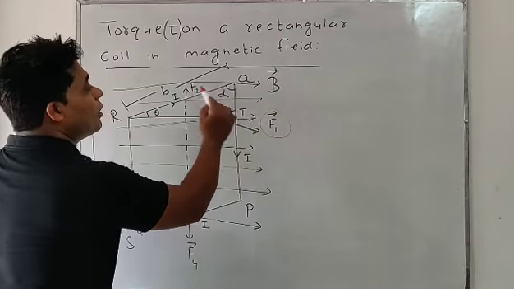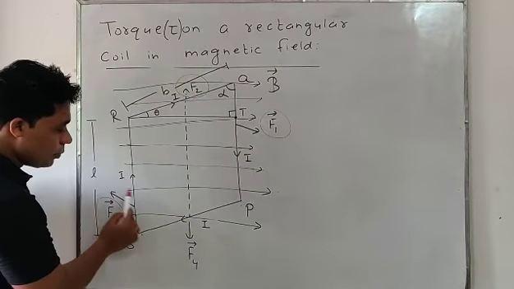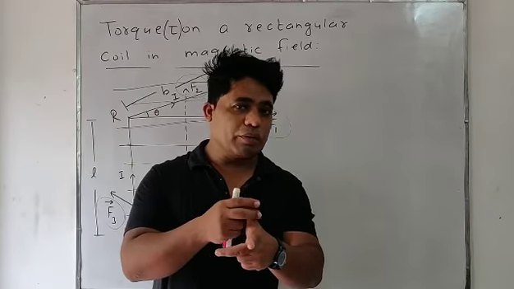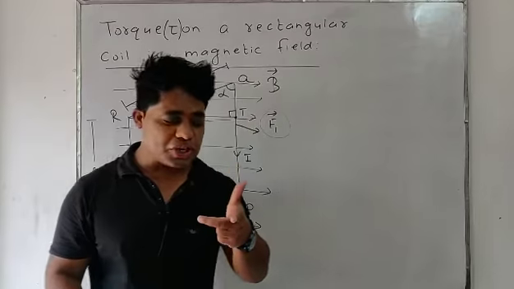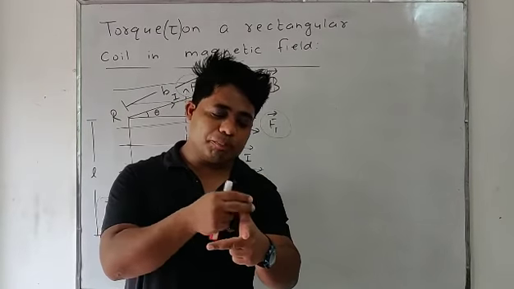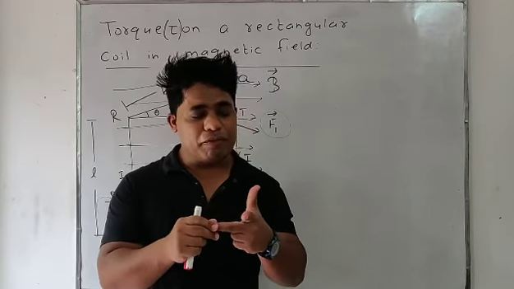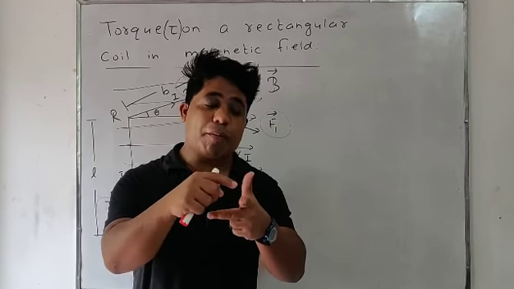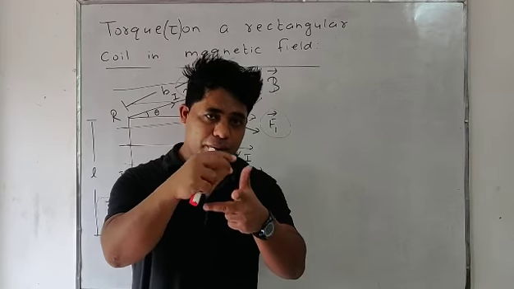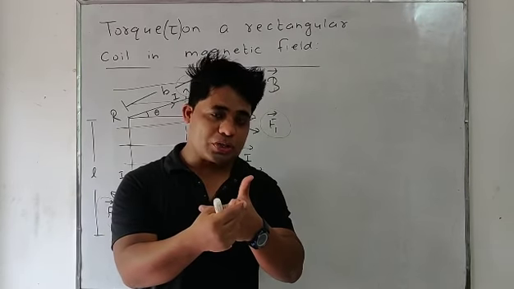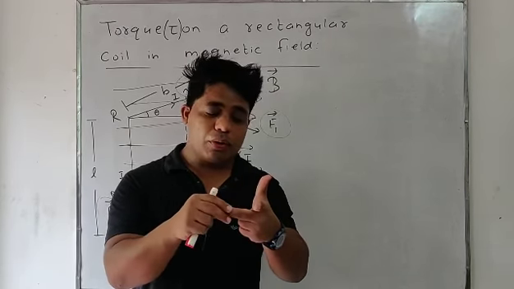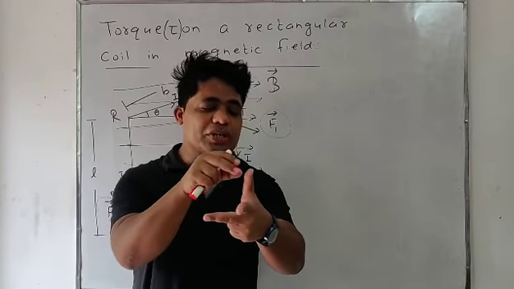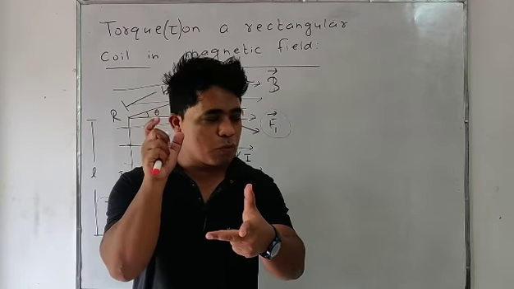And how can we get the direction of the force? We find that by Fleming's left hand rule. What is Fleming's left hand rule? If we arrange our left hand in such a way that the thumb, forefinger and middle finger are mutually perpendicular to each other, then, FBI: the forefinger shows the direction of magnetic field, the middle finger shows the direction of current, and the thumb will represent the direction of magnetic force.